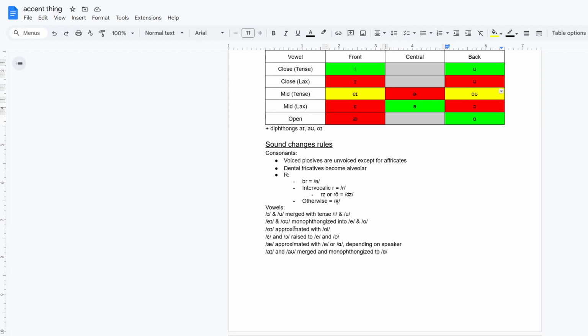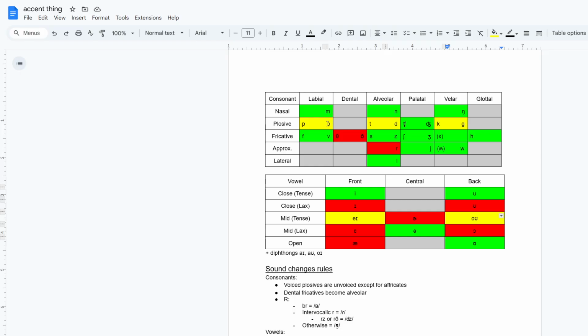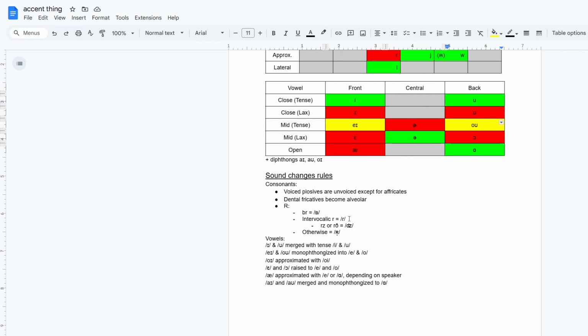Okay, so the sound change rules that I have, we're going to start with the consonants. So these voiced plosives, like I've talked about earlier, are unvoiced except for the affricates. They're usually unvoiced just for this example; it usually varies on the speaker.